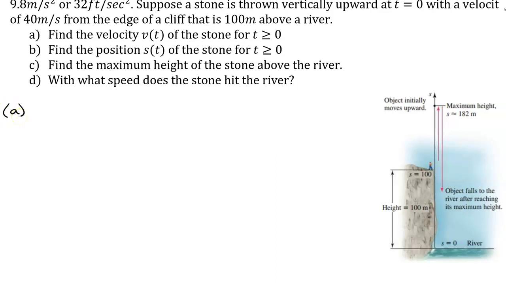the velocity. So when we start this, if it's thrown upward, at the point in which it leaves your hand, the time is 0. But it's also 100 meters above the water. So this second sentence actually gives us an initial condition.